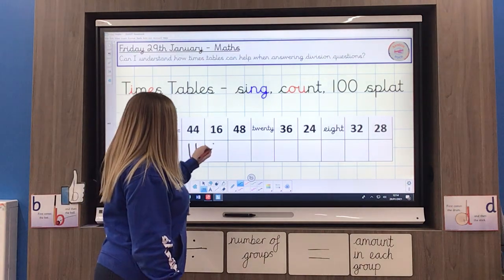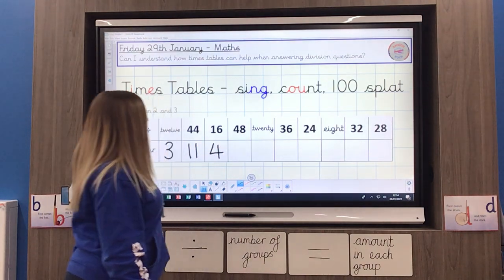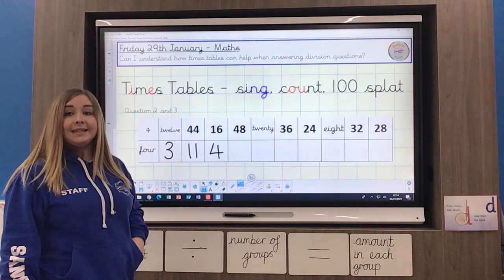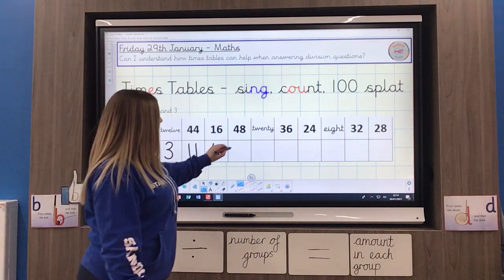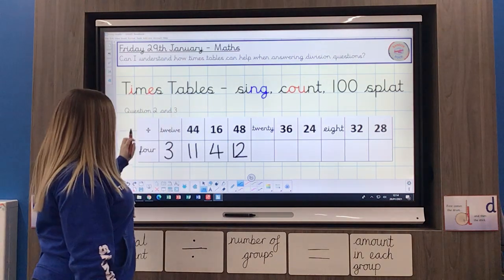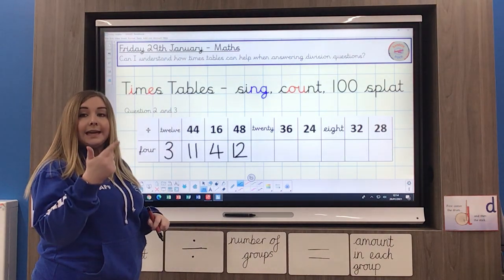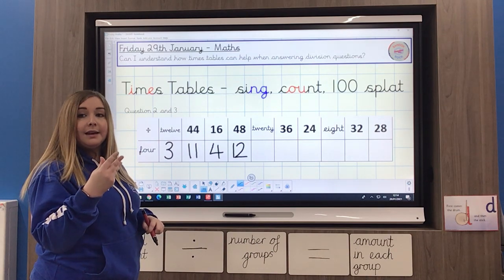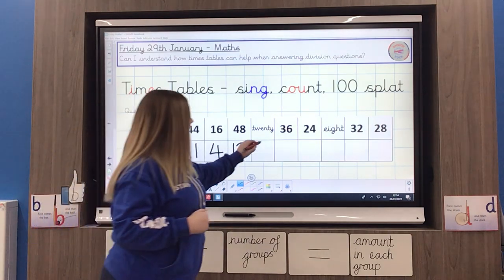So that was 4. 48 divided by 4 is 12. 20 divided by 4. 4, 8, 12, 16 and 20. So that's 5.